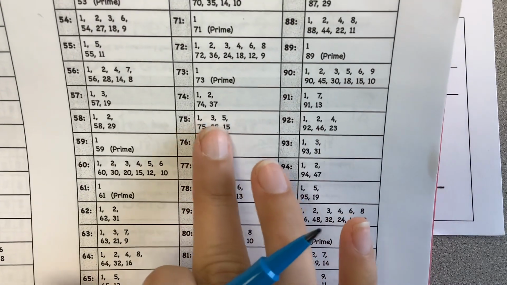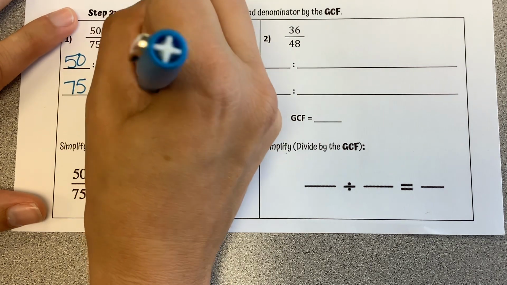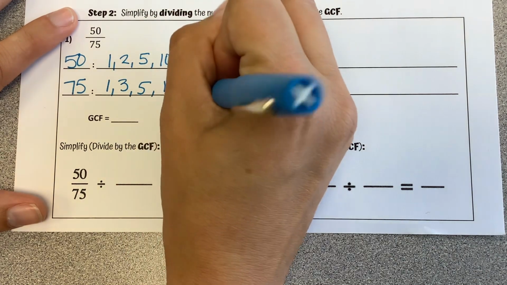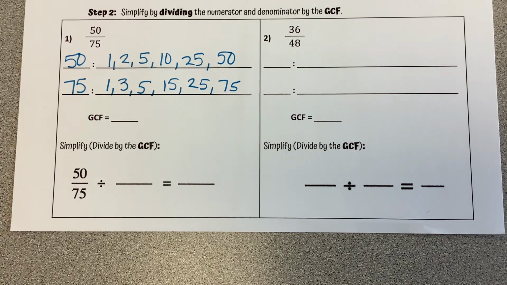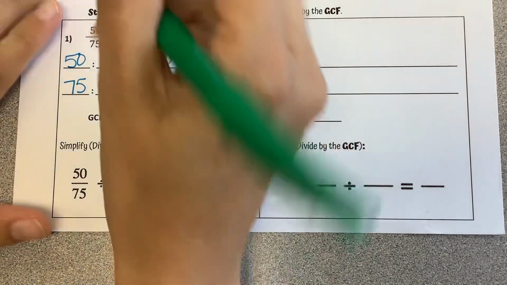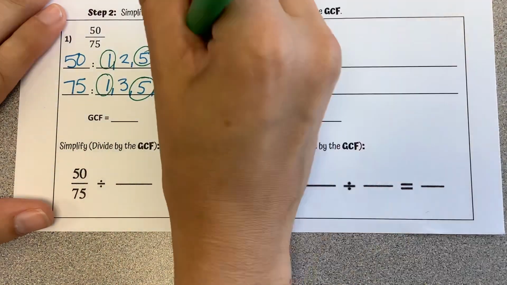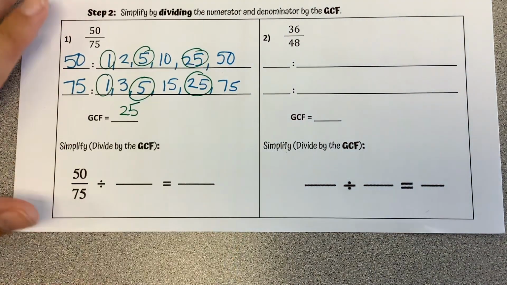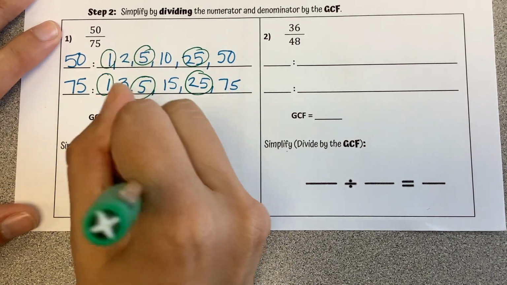Find 75, write down all of those factors. 1, 3, 5, 15, 25, 75. And just like we did on the previous lesson, I'm going to circle those common factors. So they share 1, 5, and 25. So their GCF is 25, which means I'm going to divide them both by 25 to simplify.